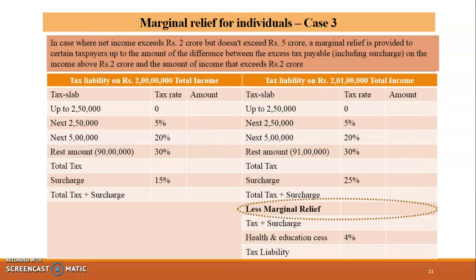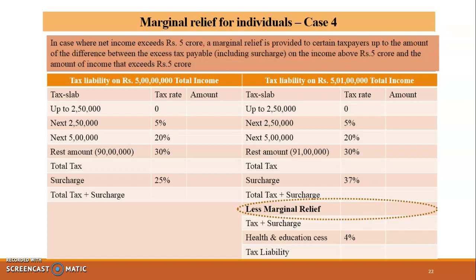Now this is case 3, which you can please practice, when the income exceeds 2 crores up till 5 crores. In this case, up to 2 crores the surcharge is 15%, and in case of 5 crores it is 25%. Calculate this amount, practice it and write in the comment box. I'll check and tell you whether it is correct or not. Similarly, practice case 4 also, when your net income exceeds 5 crores.